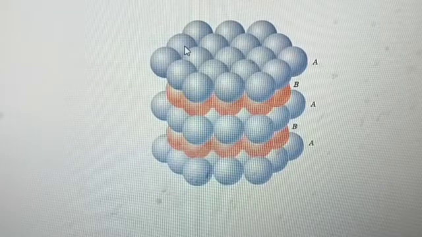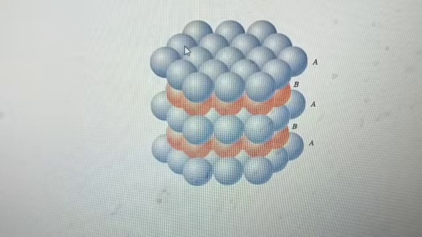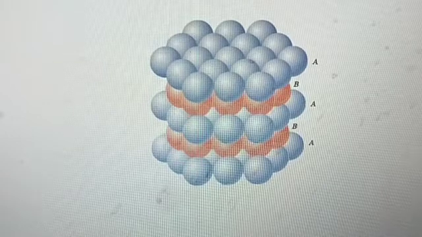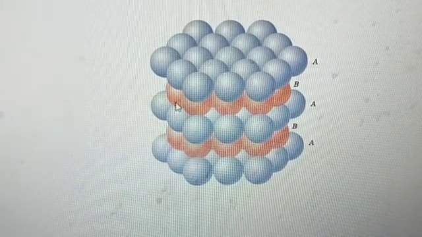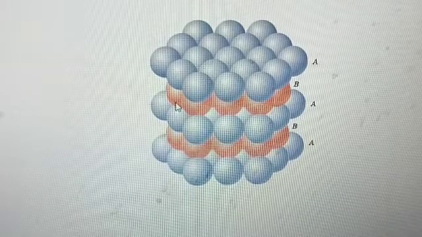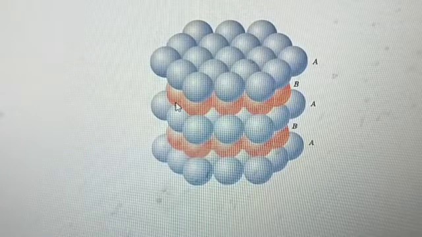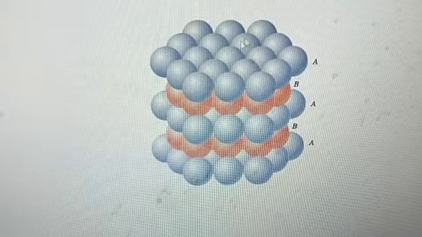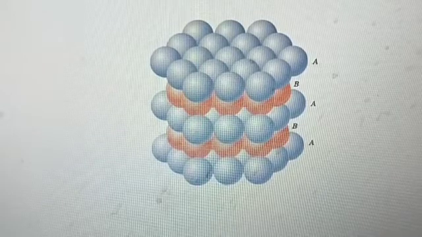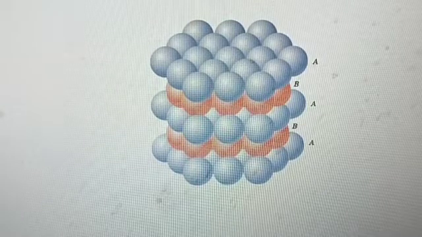And this structure is also called the hexagonal close packed structure. We can observe it mainly in metals like magnesium and zinc. Why are we calling it the hexagonal close packed structure?